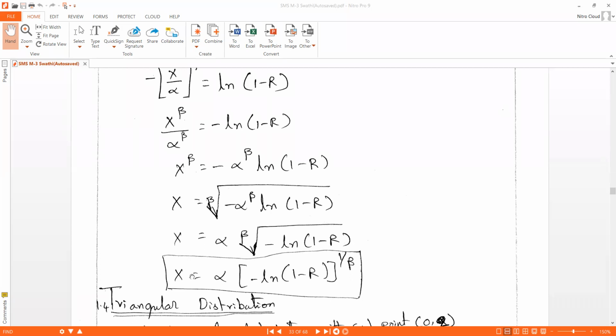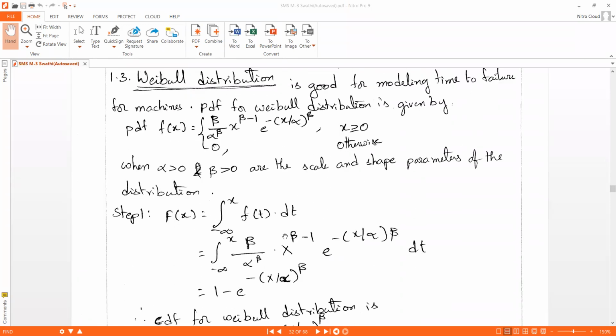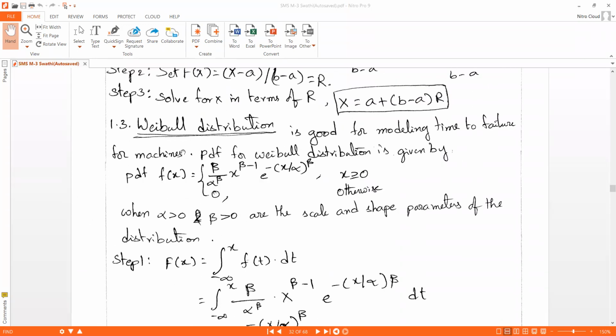That is, x equals alpha into (minus ln of 1 minus r) whole power 1 by beta. This is the x value. Understood this? This is the inverse transformation for the Weibull distribution.